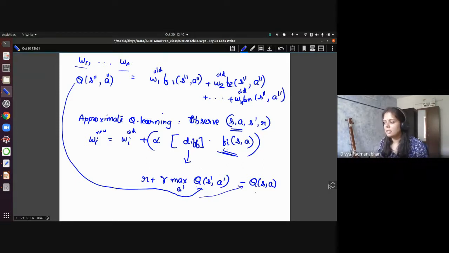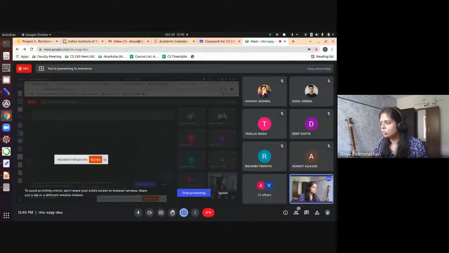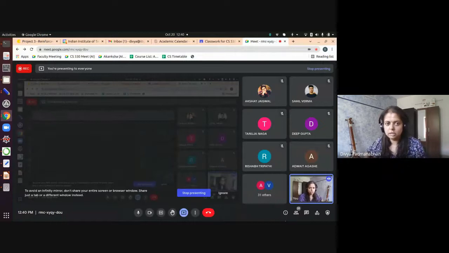And we will see why it works. I'll give you a reasoning for why this works. It's actually a generalization of linear regression that's being used here. I will explain that to you, but I just want to pause here and ask, are there any questions on this? Was the approximate Q-learning algorithm clear?